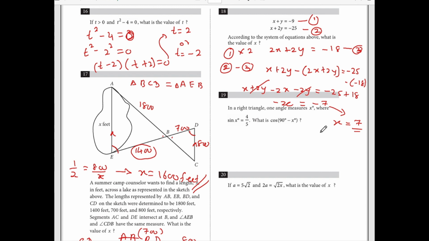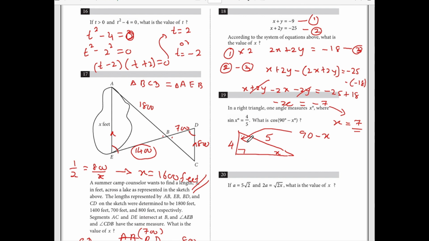Question number 19. In a triangle, one angle measures x where sin x equals 4 over 5. If we draw the triangle, a right angle triangle, then here x, 4, 5, and this angle should be 90 minus x, because the addition of these two interior angles of a triangle is equal to 180 minus 90.